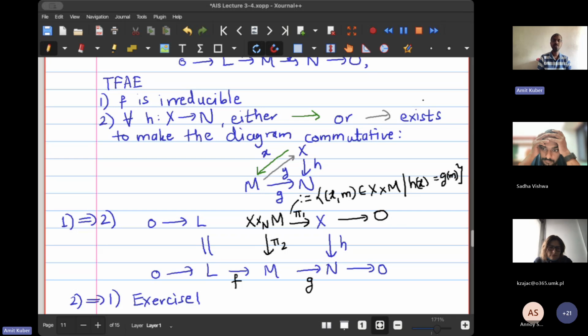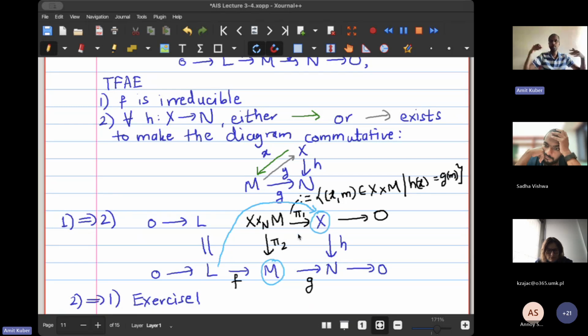Now just observe, I can take a map. The universal property of the pullback is that whenever you have a pair of morphisms to these two objects, the starting points of the legs of the pullback, there is a factorization. So I'm taking the 0 morphism from L to X and the morphism F from L to M, and observe that H composed with 0 equals G composed with F. G composed with F is 0 because it's an exact sequence.